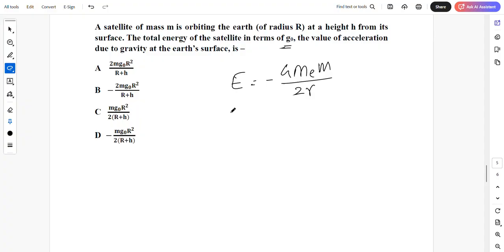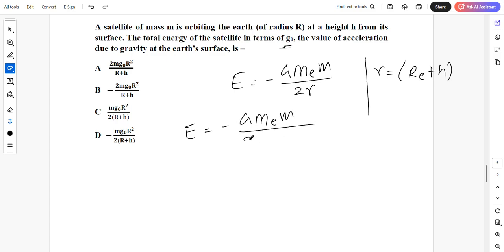Now here, r is equal to how much? r is here R_E plus h, where h is the height. Now E is equal to minus G M_E m divided by 2 into R_E plus h.